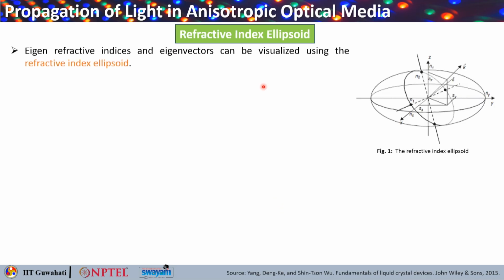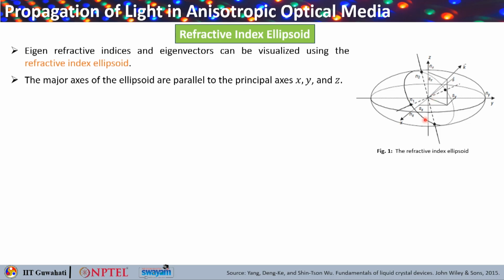That brings us to a beautiful concept called the refractive index ellipsoid, which allows visualization of these eigen refractive indices and the eigenvectors. This is how a refractive index ellipsoid looks. The major axes of the ellipsoid are parallel to x, y and z. And what is the length?